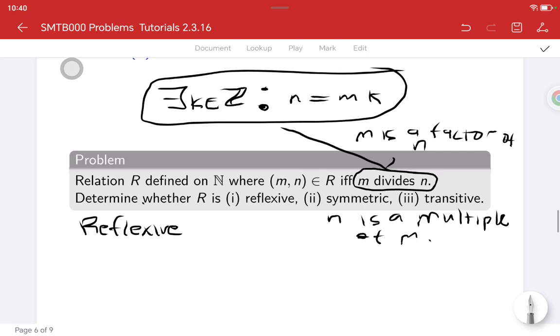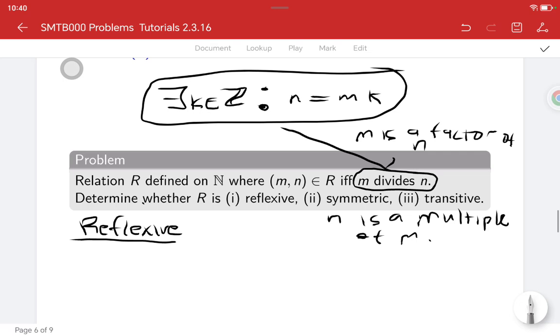Now for us to show that this thing is reflexive, we are going to come here. Here we're given that this should be defined on the natural numbers. So I'm just going to take an element.